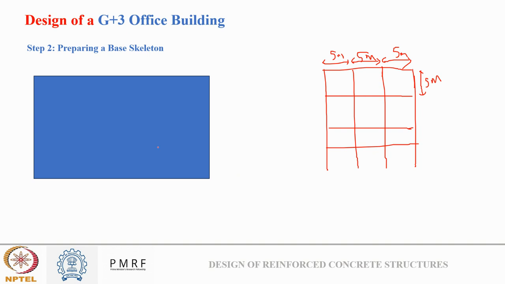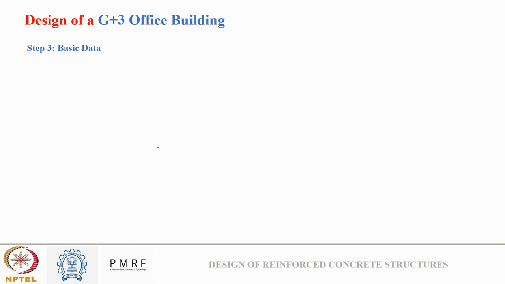Okay, now when I'm clear with the dimension part and the base skeleton part, the next step is to collect the basic data. By basic data I mean the grade of the concrete, the grade of the steel, the dimensions, everything. So how do we decide upon that?